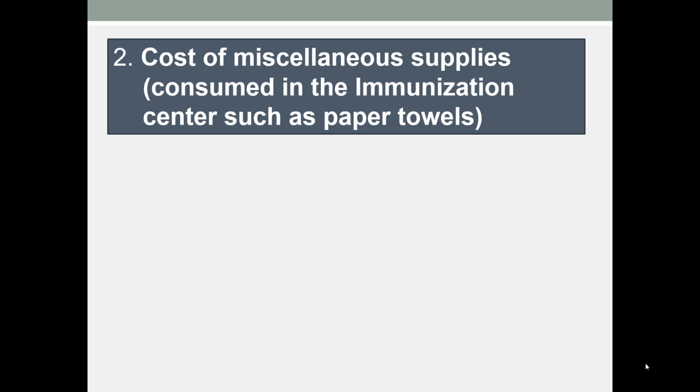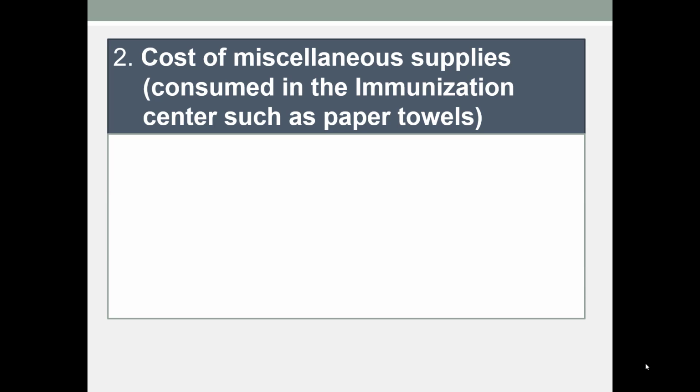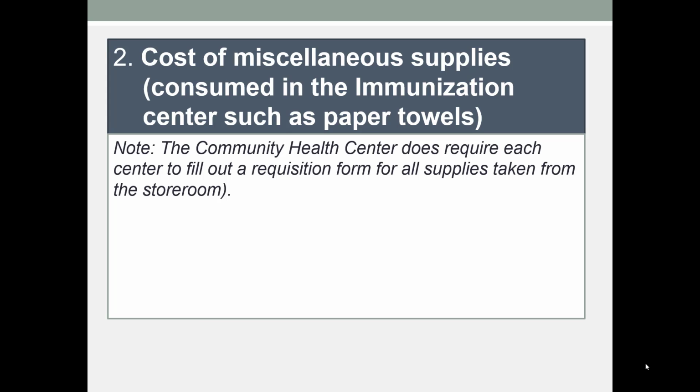Cost of miscellaneous supplies consumed in the immunization center, such as paper towels. Now notice that we're told that the Community Health Center does require each center to fill out a requisition form for all supplies taken from the storeroom. This means before you go get paper towels or Band-Aids or cotton balls, you do have to fill out a form and indicate that this is going to the immunization center.